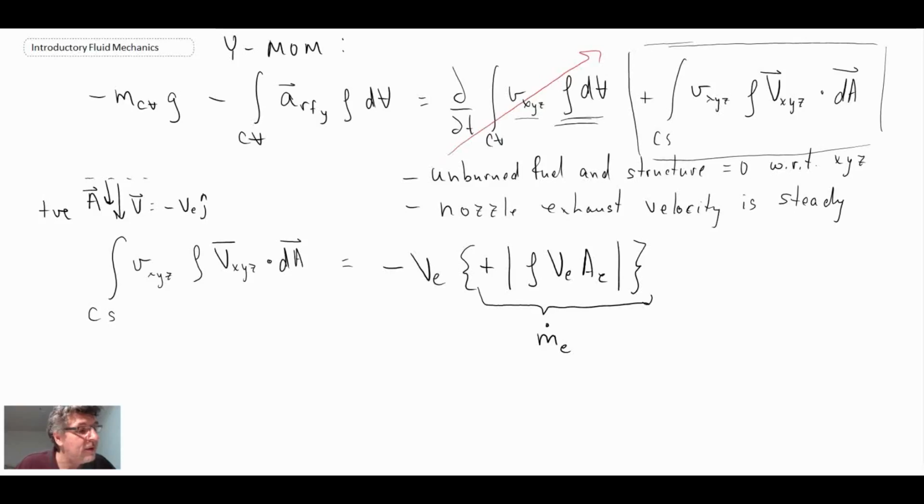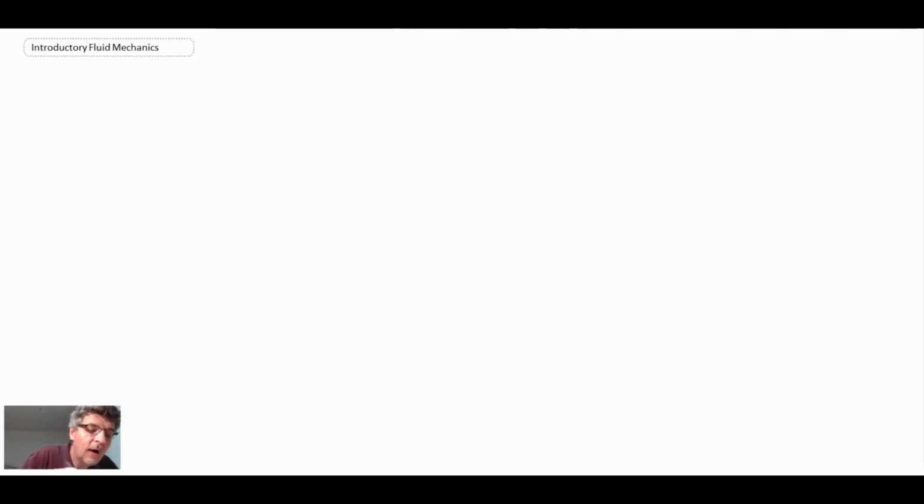So what we can do is take this and plug it back up into our equation for the y momentum equation.